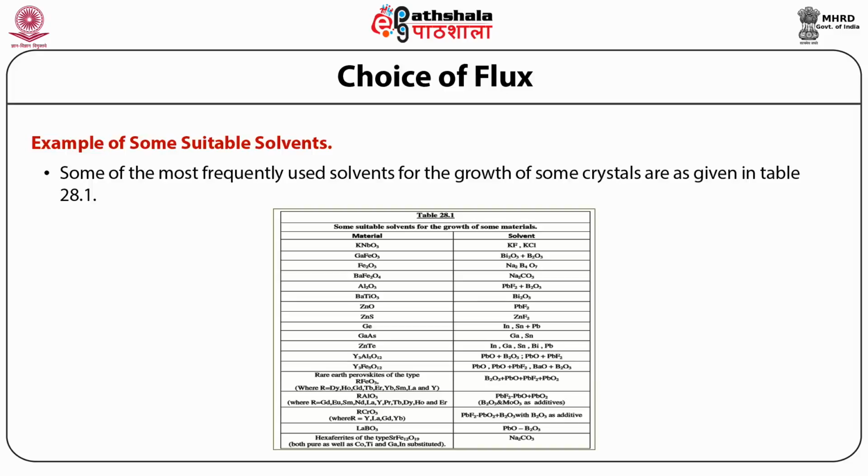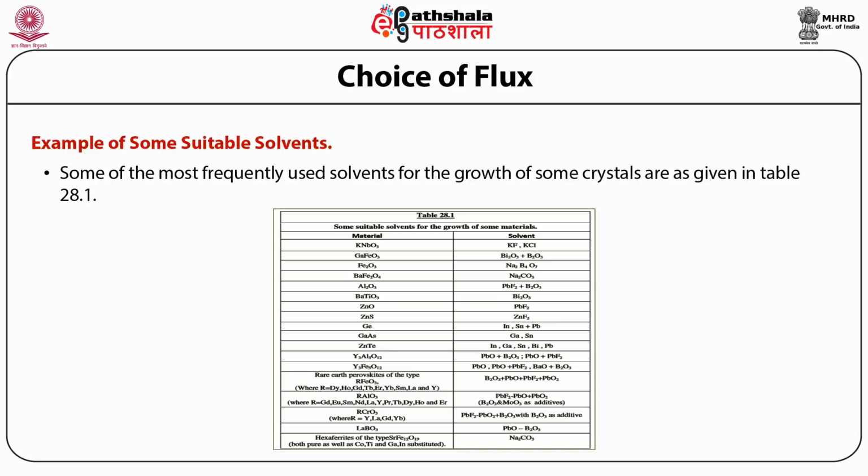For the growth of RCrO3, where R represents Y, La, Gd, Yb, the solvent used is PbF2, PbO2 plus B2O3 with B2O3 as additive.